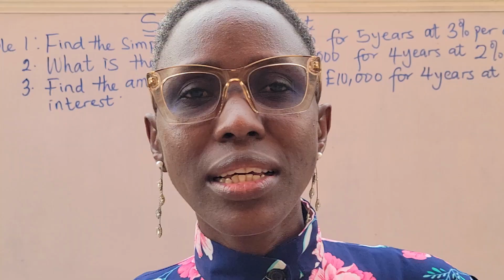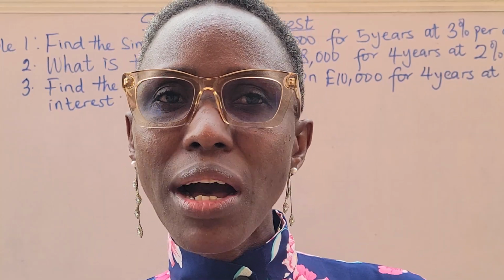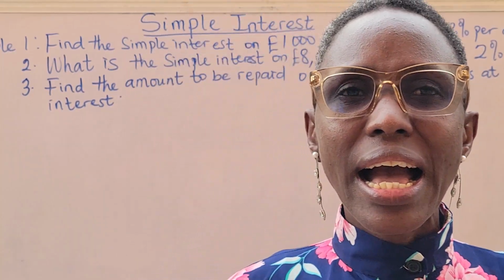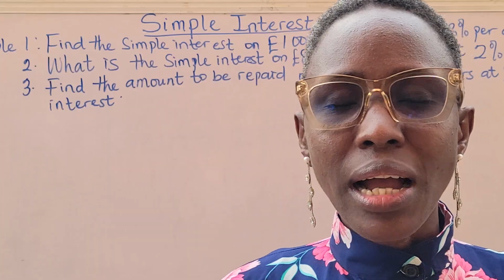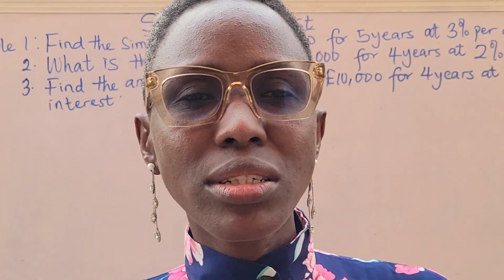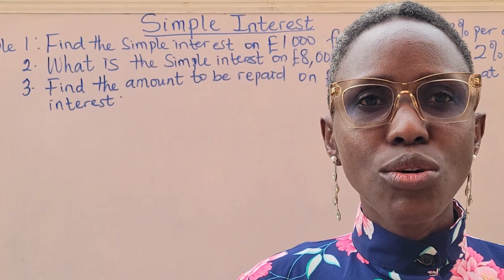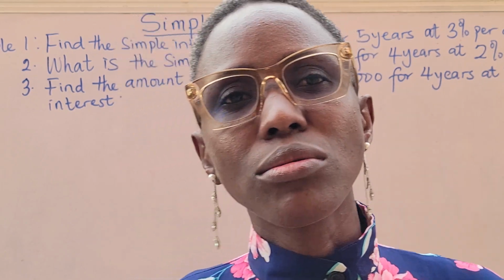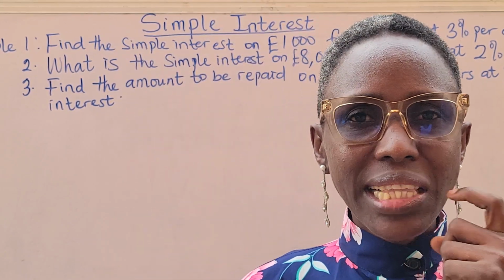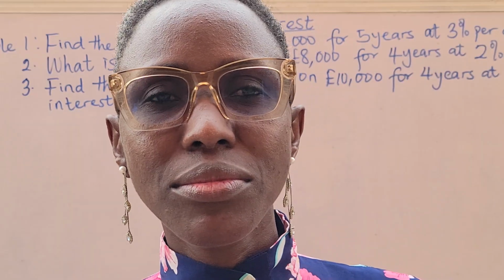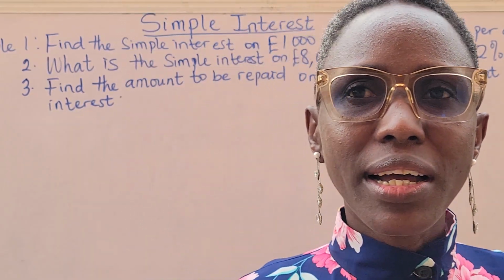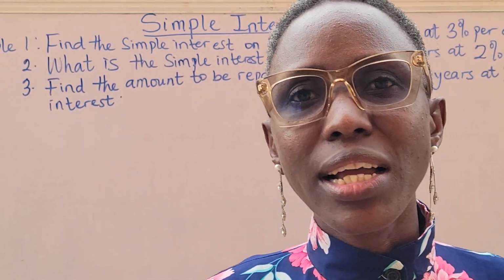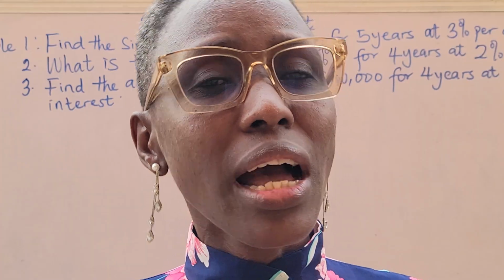Now I will need £1,000 more so that I can have my startup capital. You see, the £2,000 I said will be called, under simple interest, my principal, the amount that I'm starting the business with. Then when I approach the bank, I'll tell the bank, please can you lend me £1,000?